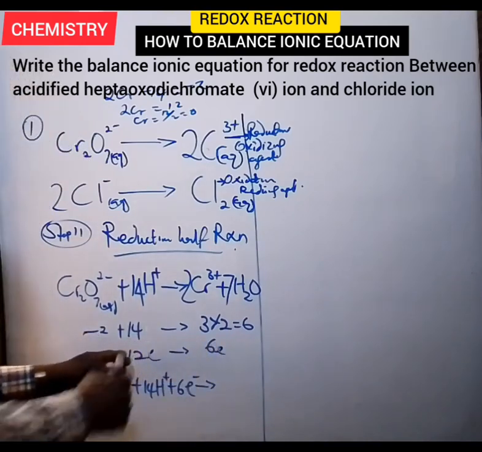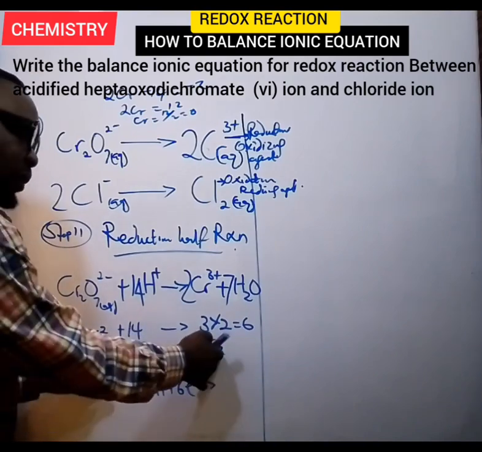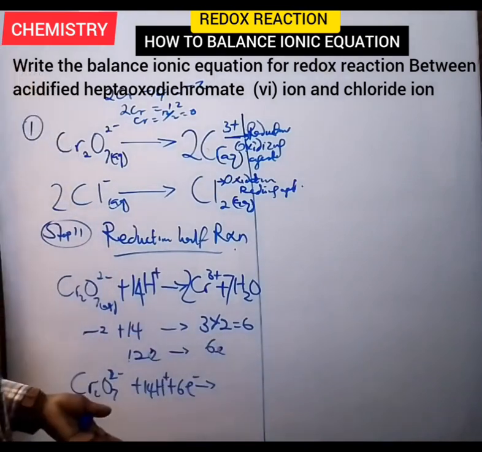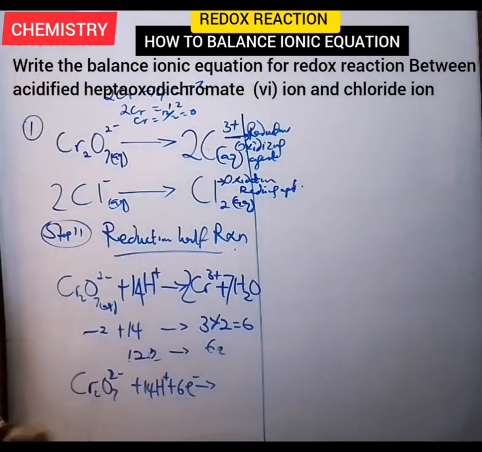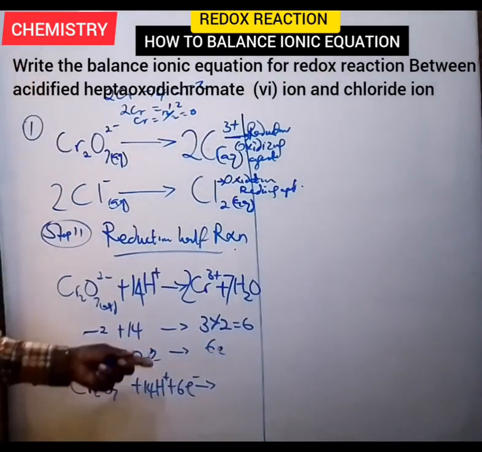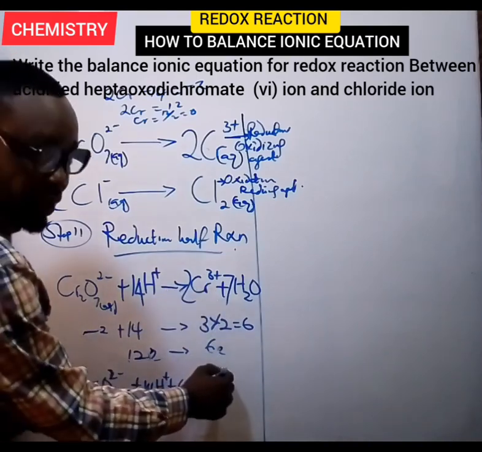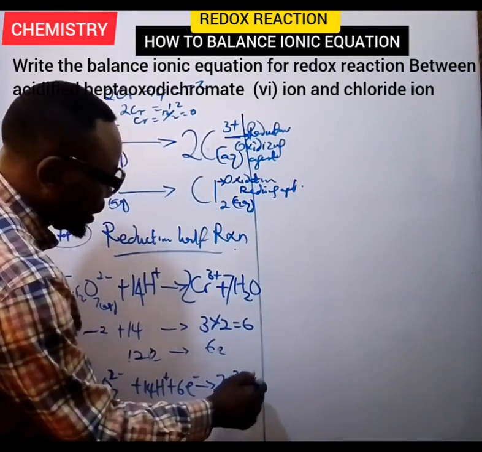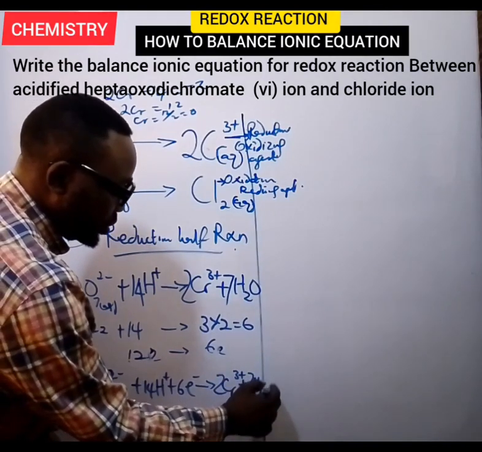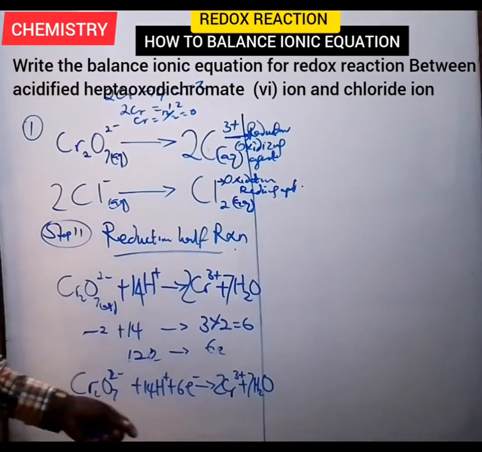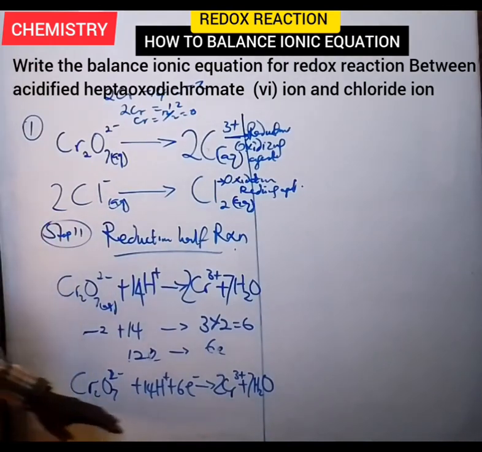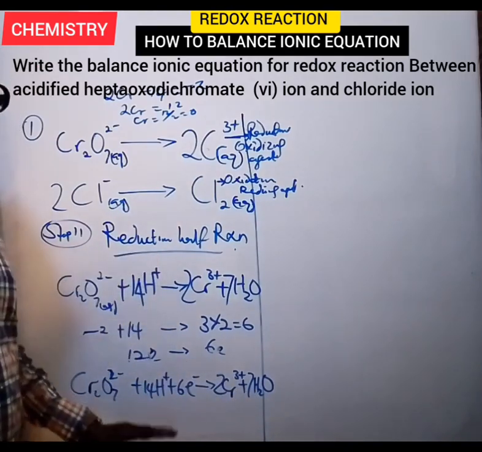I'm bringing in the electrons because the left side is 12, and when you subtract 6 from 12, it will remain 6 here. That is what we have for this reduction reaction.